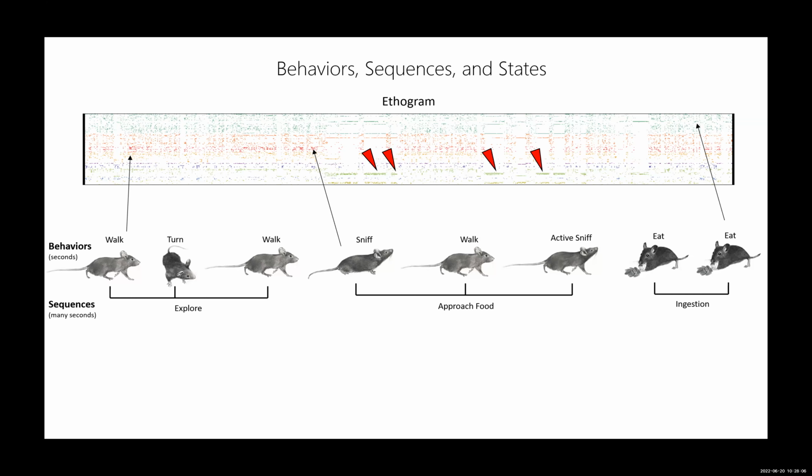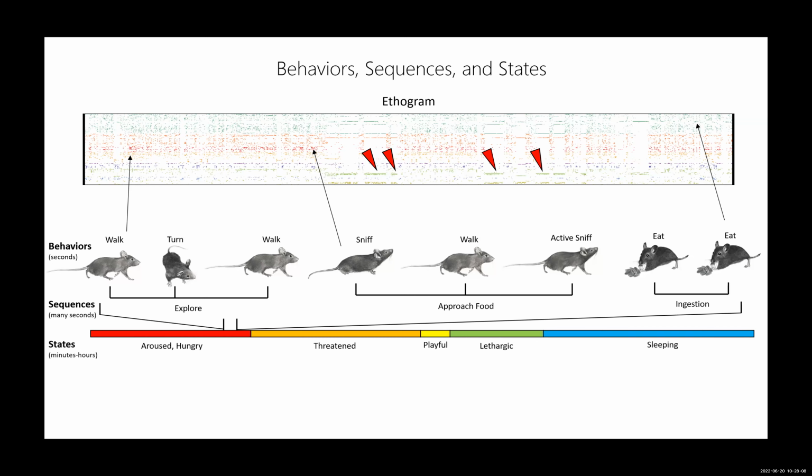And then there's potentially another aspect to this hierarchy: certain types of sequences might be engaged with higher probability when the animal is in a specific type of state. Which I think just makes sense from thinking about it. If the animal is aroused or hungry, it might execute a bunch of food-seeking behaviors, which are embedded within food-seeking sequences.